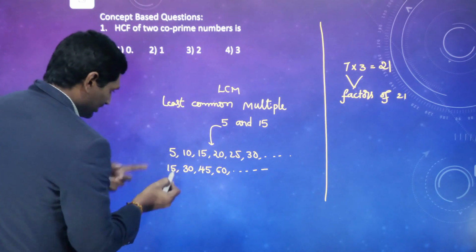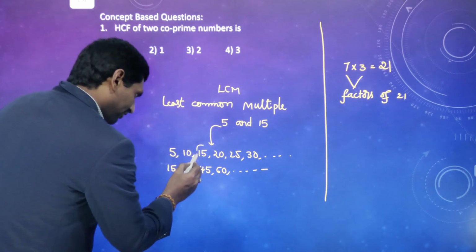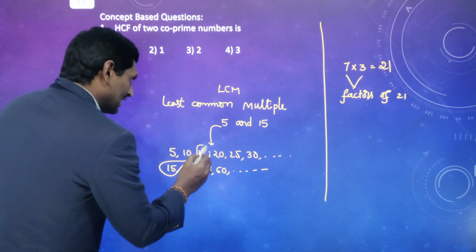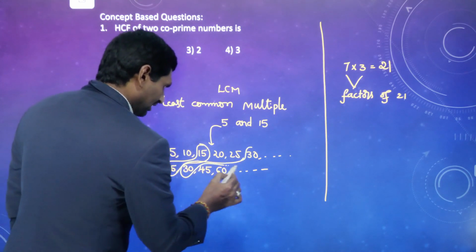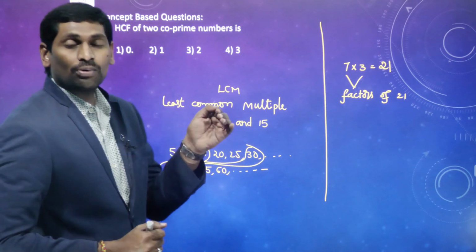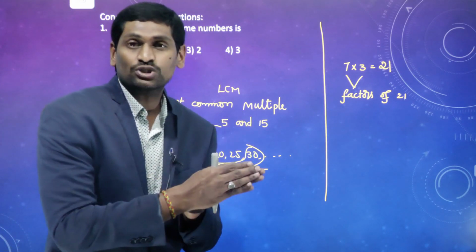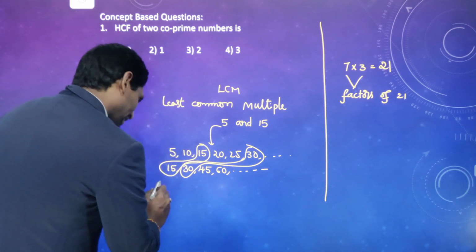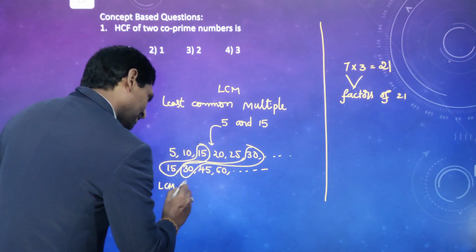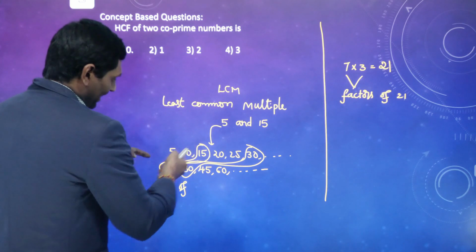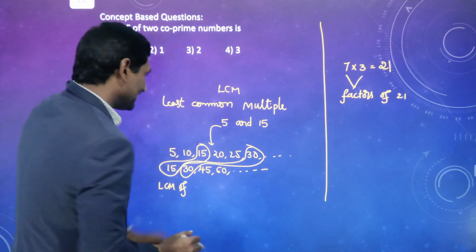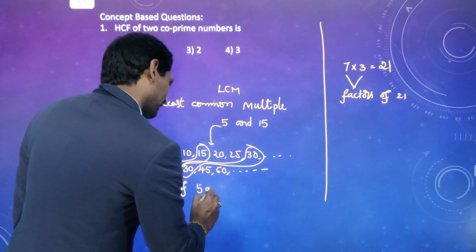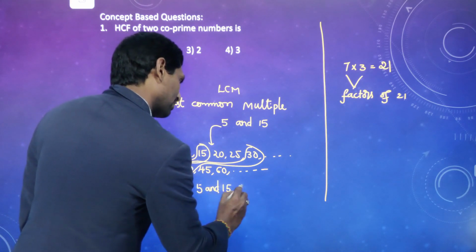See, 5 is not available here. 15, 30, 45, like that we get common multiples. Among them, the least one is 15. So LCM is nothing but the least common multiple. Among them, the least will be the LCM of 5 and 15, which is 15 itself.